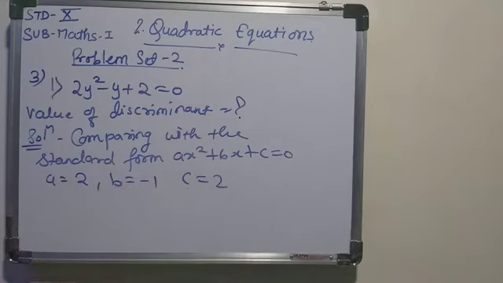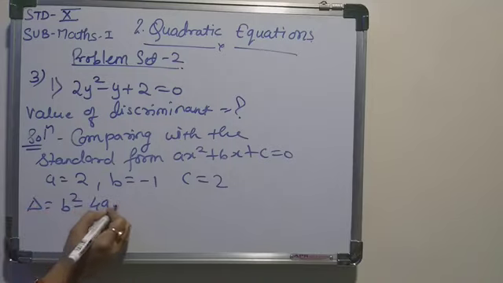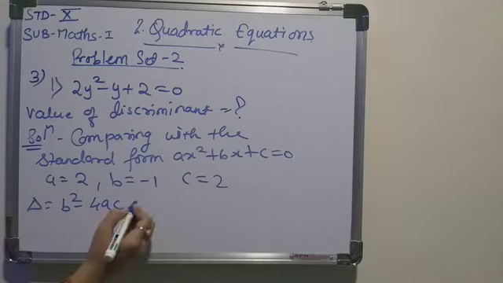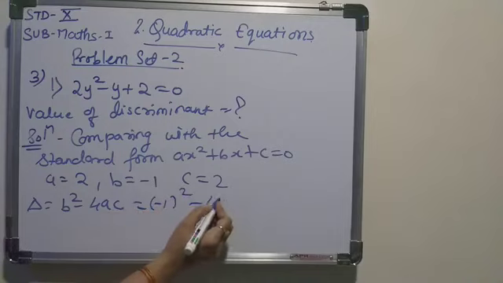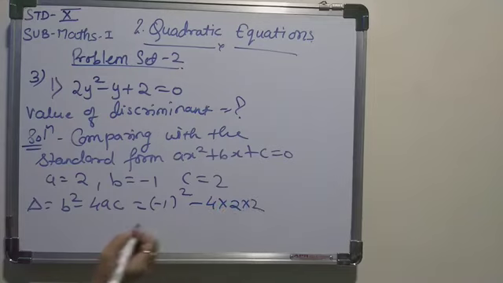Now what is the value of the discriminant? It's your delta, which equals b square minus 4ac. This you have to find. So substitute the values, you will get minus 1 whole square minus 4 into 2 into 2.